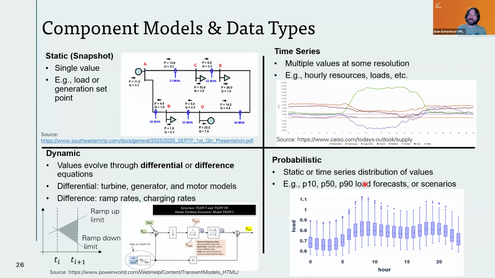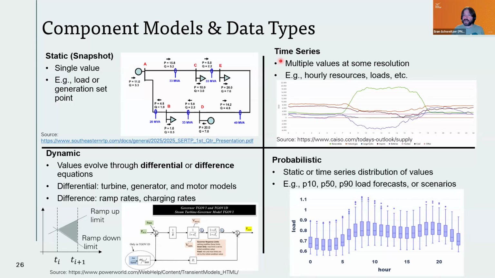So we talked about the system, now the components that go inside of it. And those components can take on very different kinds of styles. So we have static or snapshot type of data. This is going to be a single value. So if you're thinking about your snapshot power flow model, this is going to be a single generation set point or a single load set point.